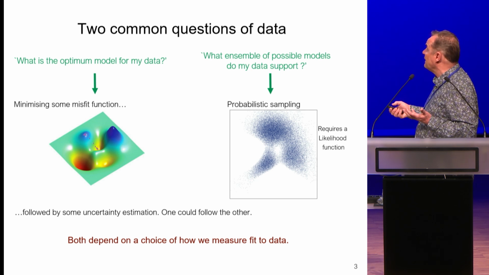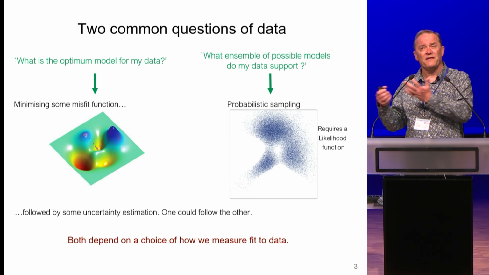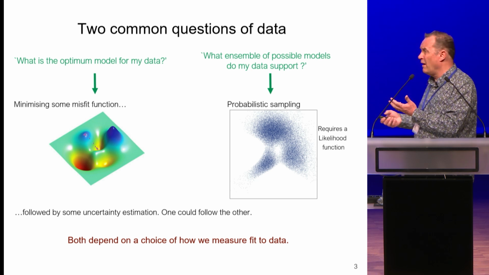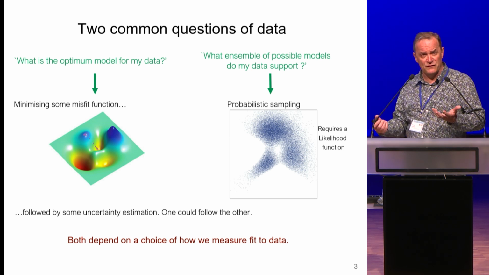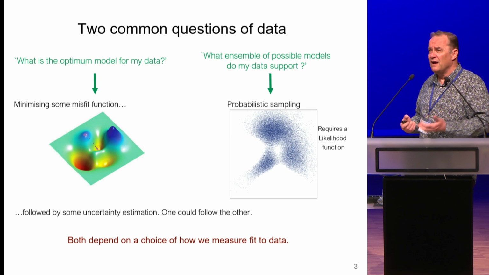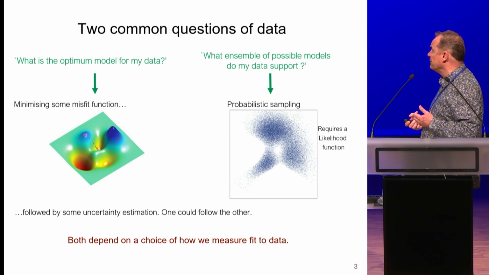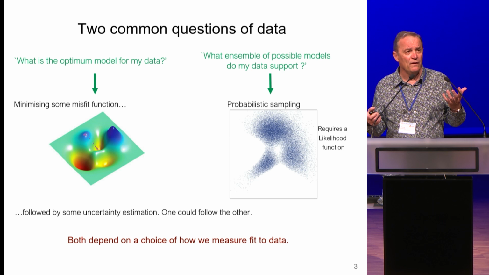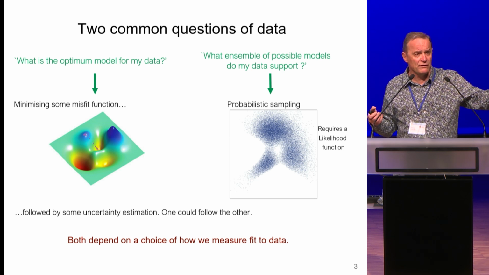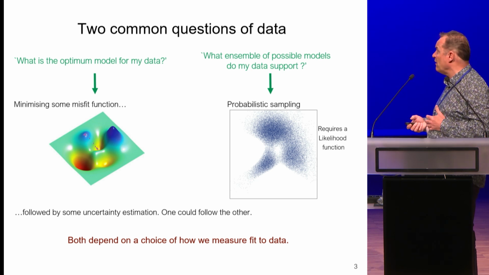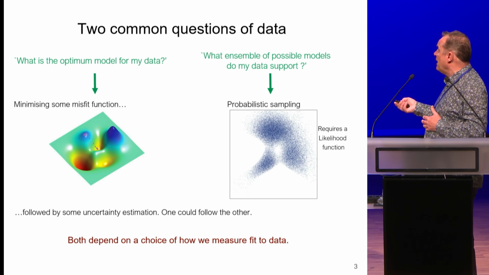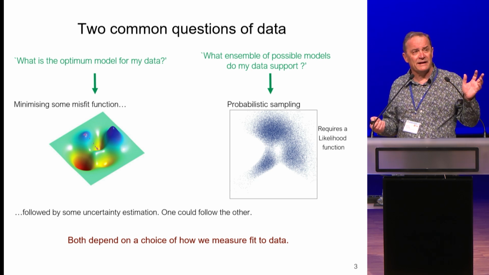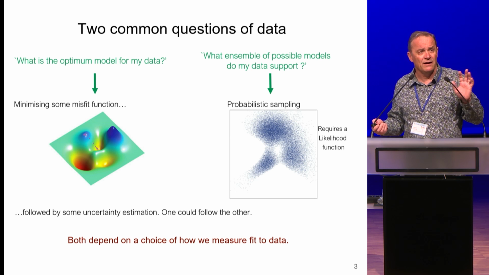On the right-hand side is probabilistic sampling, which is another popular approach, which combines essentially finding models of good fit with uncertainty, a probabilistic stance to inverse problems. And both depend upon measures, of course, of how well you fit your data and how far away you are from fitting data. And so optimal transport has applications in both of these areas, and I'm going to talk about a bit of both of them, starting with the one on the left and ending, if I don't go over time, with the one on the right.